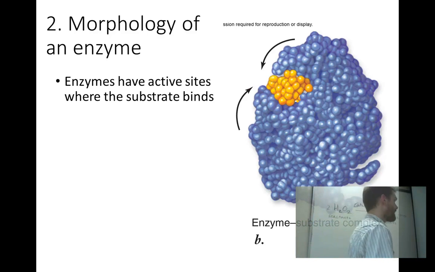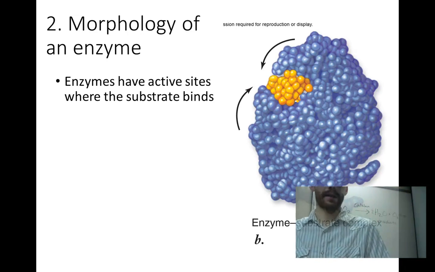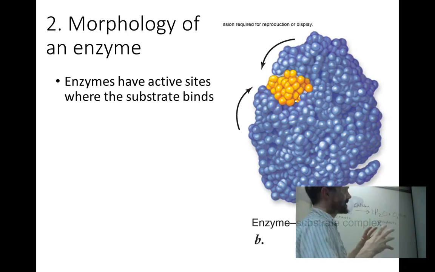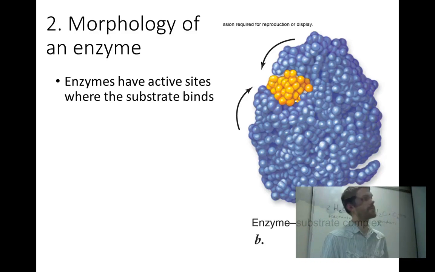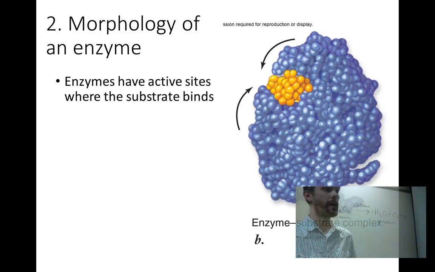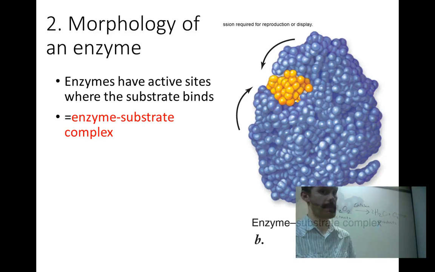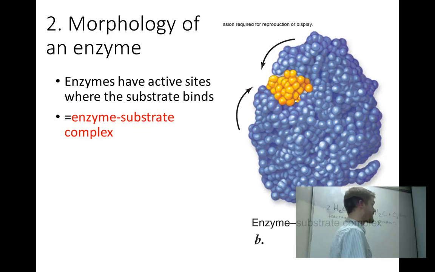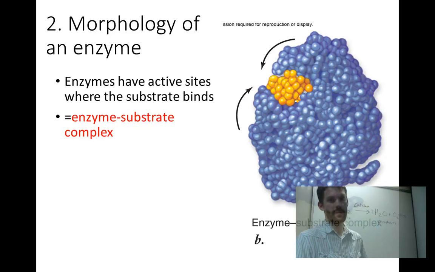Okay, so we're going to talk a little bit about the shape or morphology of an enzyme. Enzymes have a specific site where the molecule will bind. The molecule that is going through the reaction is called the substrate. We learned this in lab the other day, right? When they bind together, it's called the enzyme substrate complex. So there's picture 1 right there. Our little yellow piece is our substrate, and the big purple one is the enzyme.